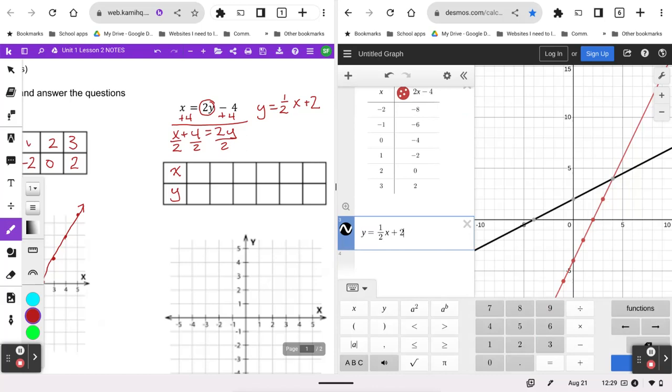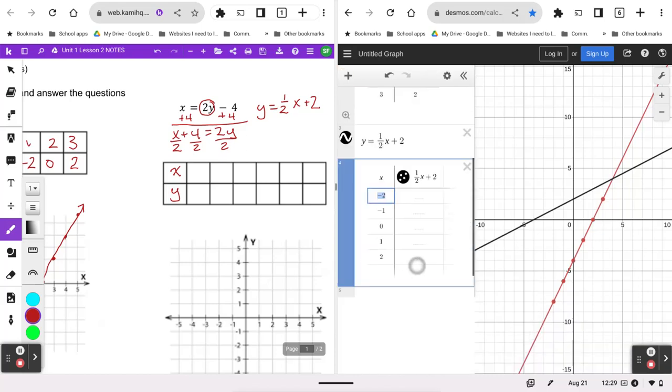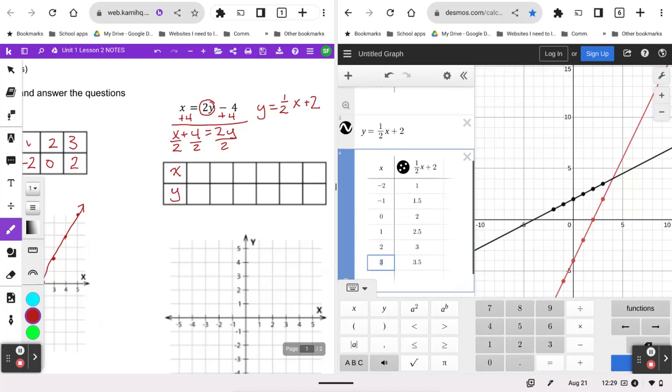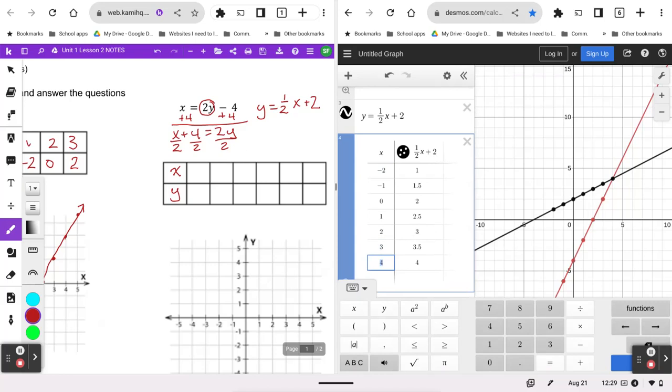And of course, if we wanted the table, there we go. We can get a few more if we wanted to. Just push the enter key and it keeps going down.